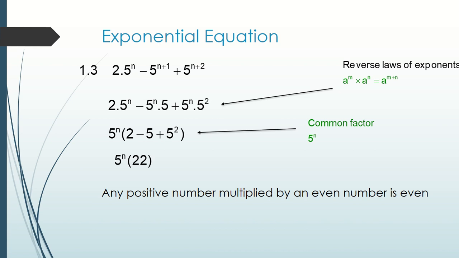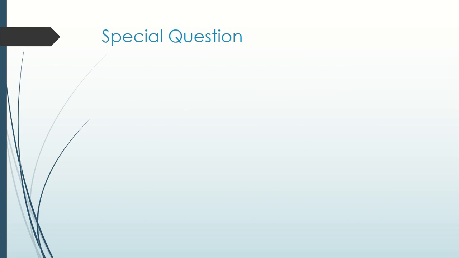We take that out with 5 to the power n times 22. Now, 5 to any power will be positive, because 5 is positive. Any positive number multiplied by an even number is even. So that would be your conclusion. That will give you your final answer.